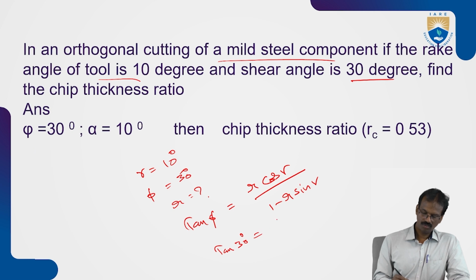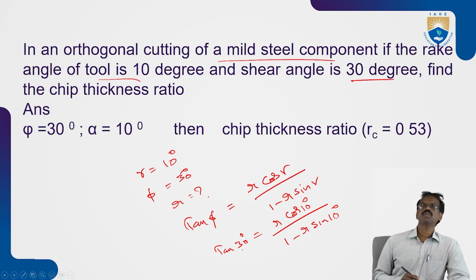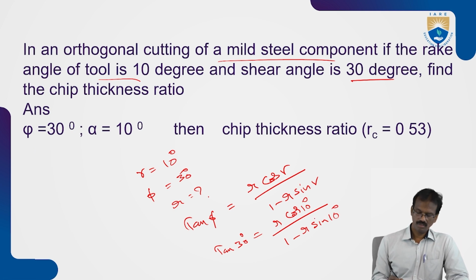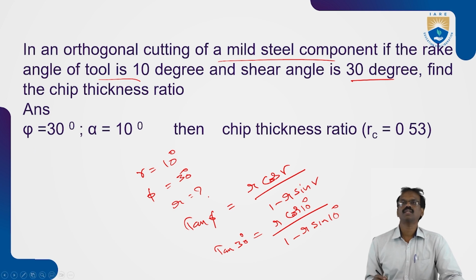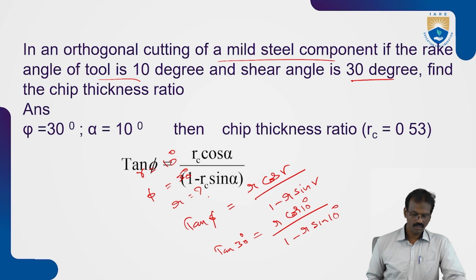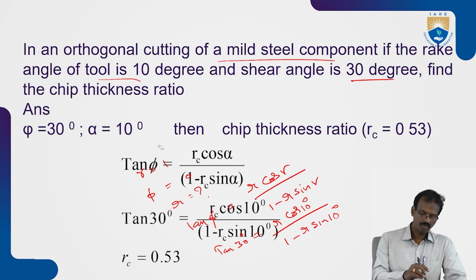Tan 30 degrees is equal to r cos 10 degrees by (1 minus r sin 10 degrees). So we can simplify this one, tan 30 is 1 by root 3, and then cos 10 and sin 10, you can write the values by using the calculator. Then you will get the answer like this one. Okay, so here I have just given the answers, you can refer to this one.